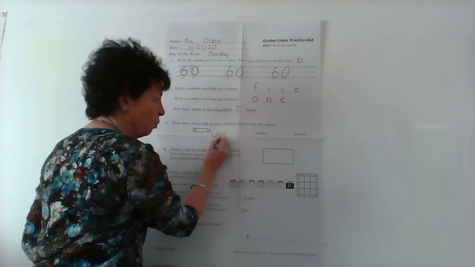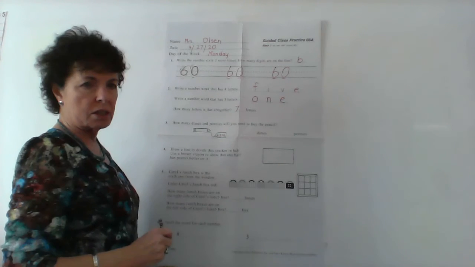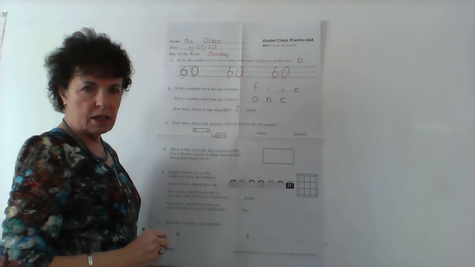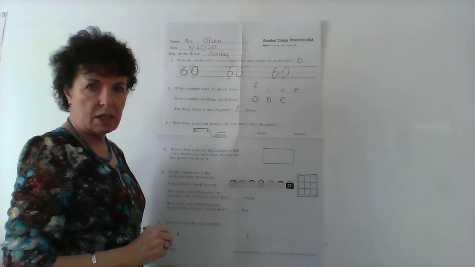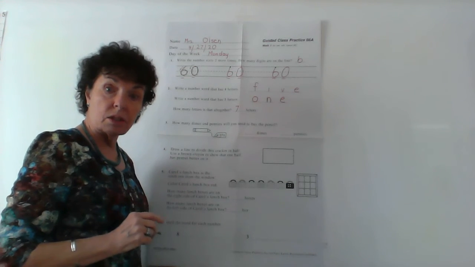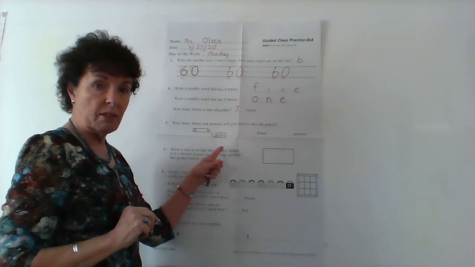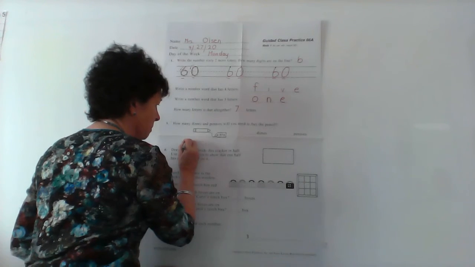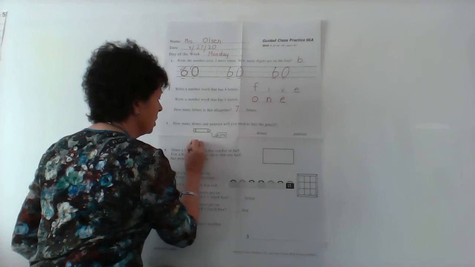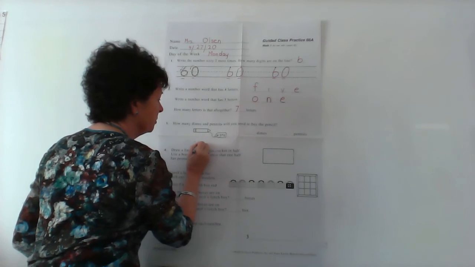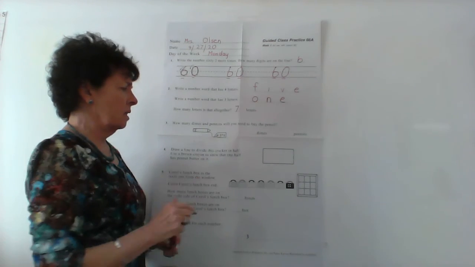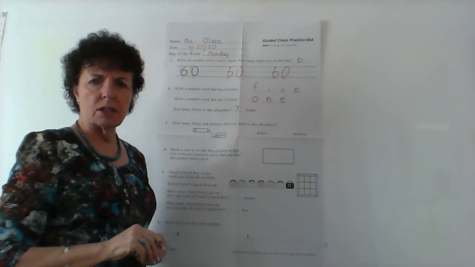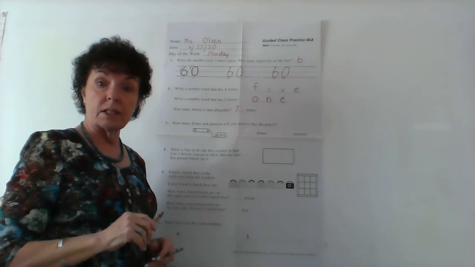We worked on which digit tells us the tens. 3 tells us how many tens there are, and since 1 dime is 10 cents, we need 3 dimes. I'm just drawing 3 dimes on here. And then it says 7 cents. Well, 1 cent is a penny.